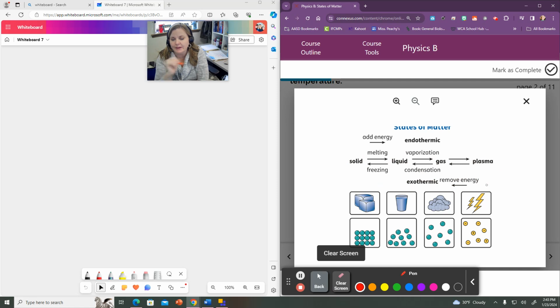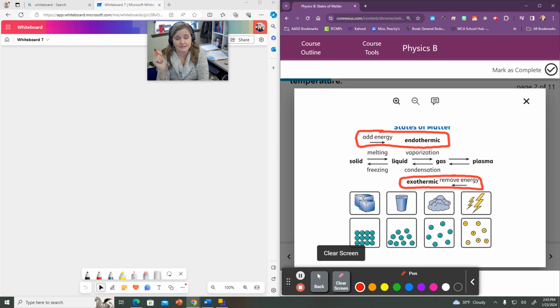And then we have some vocab terms that might not be familiar, endothermic and exothermic. So just remember that endothermic means you add energy. And exothermic means you remove energy. How this might feel to you is that a process that's exothermic feels hot.